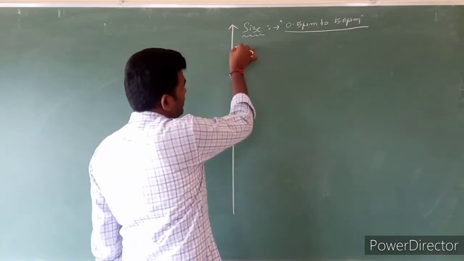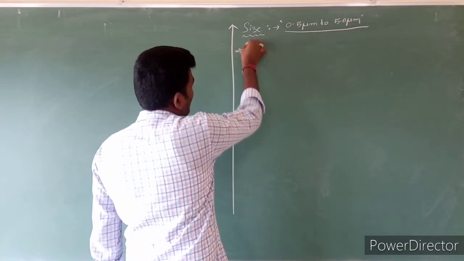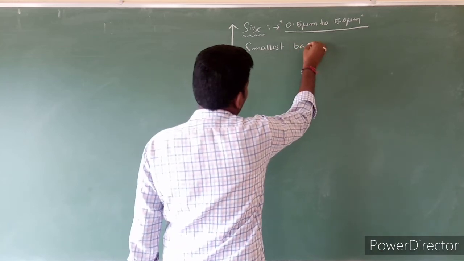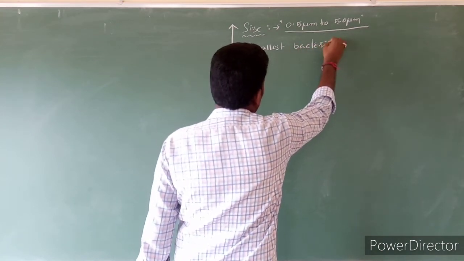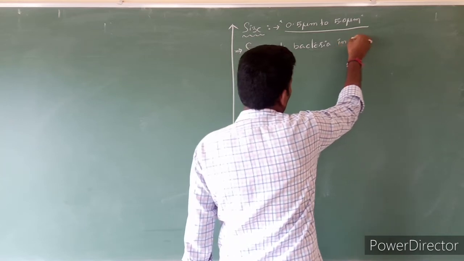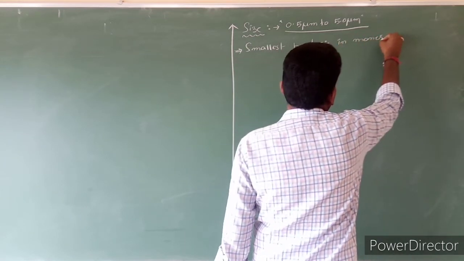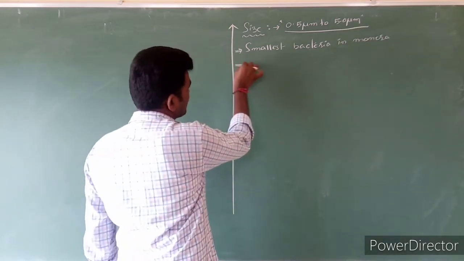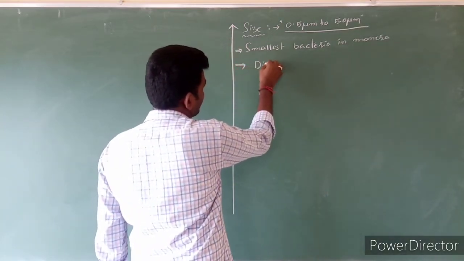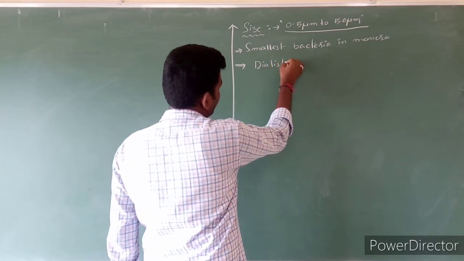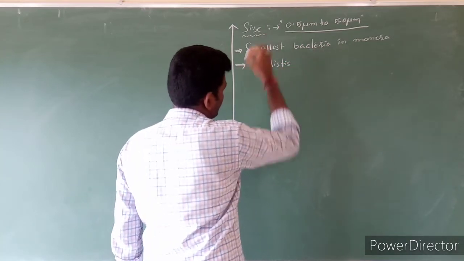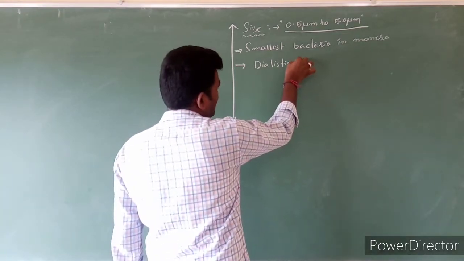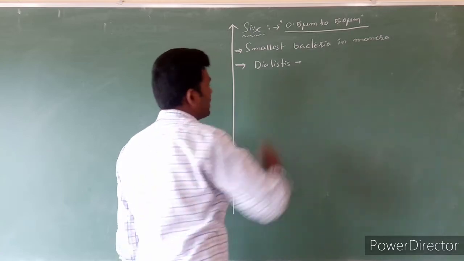Next, in bacteria, the smallest bacteria in Monera kingdom is Dialister. They say it is the smallest bacteria in Monera kingdom.